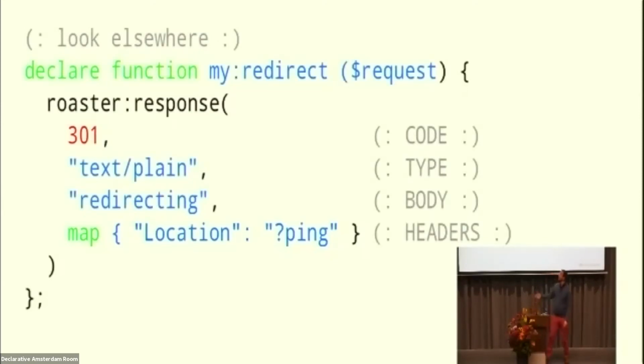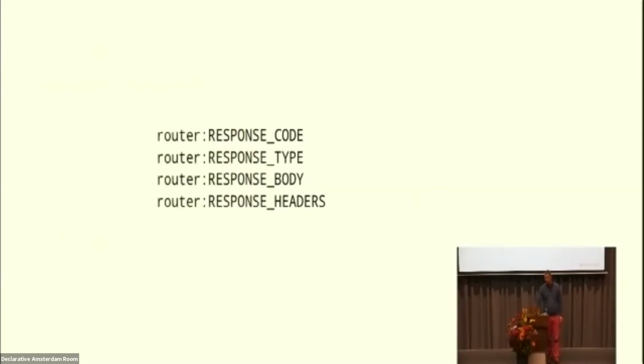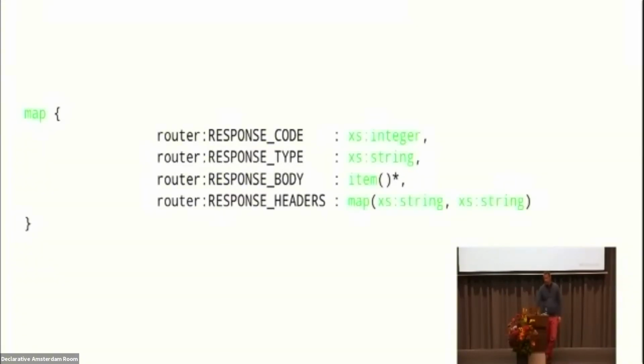So here you have it highlighted. I hope it's a little better. And next to it, you see the four parts of the response object: code, type, body, and headers. And these are also QNames, which are part of the map that is handled internally.